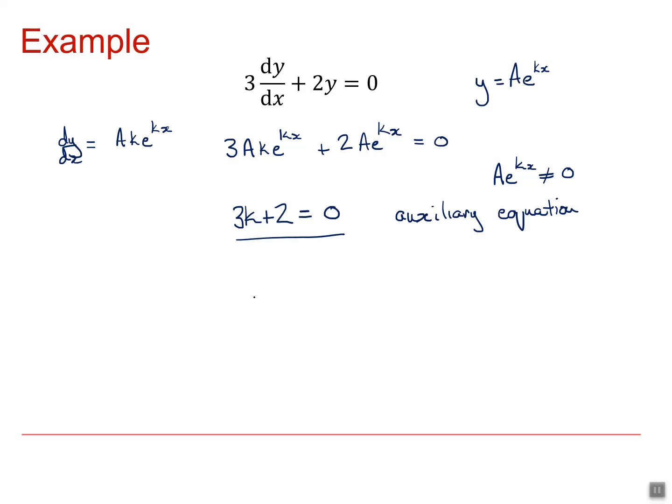Now if we solve that, that gives me that k is equal to minus 2/3, and so the general solution for that differential equation is going to be y is equal to a e to the minus 2/3 x.